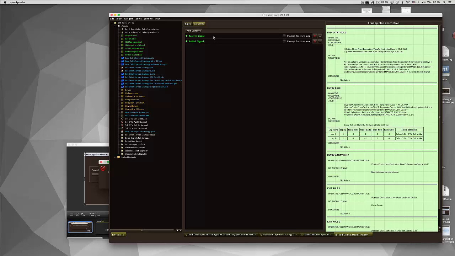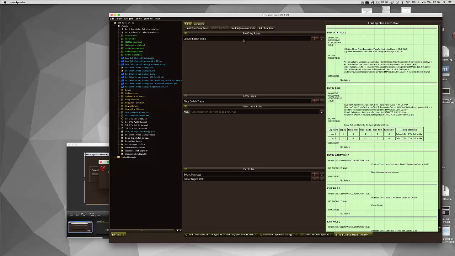I named the two variables bearish signal and bullish signal, okay? And what I'm doing is essentially updating these signals at every timestamp. And the thing that updates them is this pre-entry rule. The pre-entry rule has one job, and that is to update those variables. In this case, I'm just doing the bullish side of the spread, so I'm only updating the bullish signal.